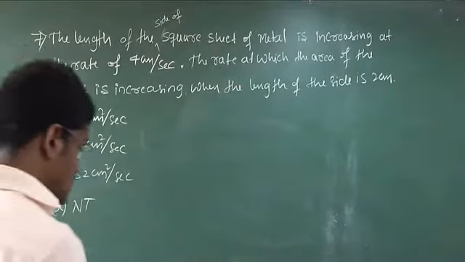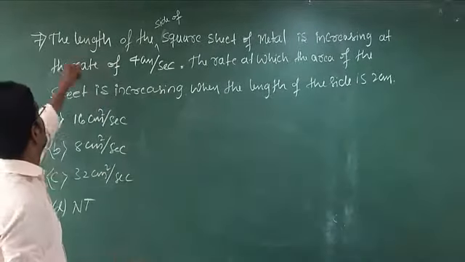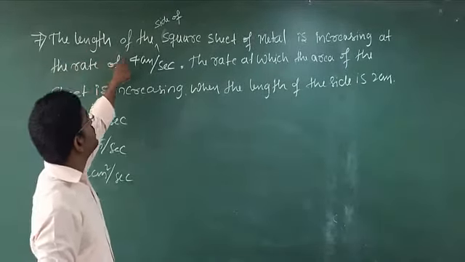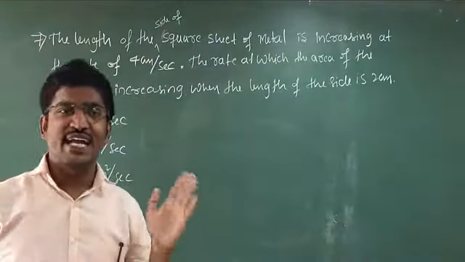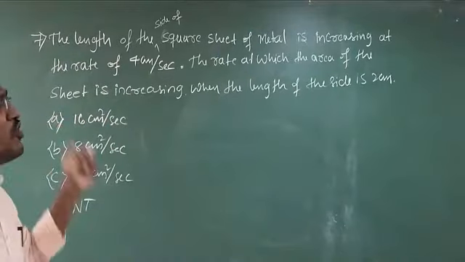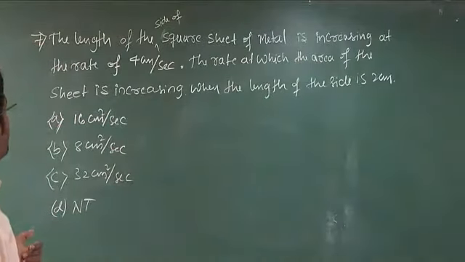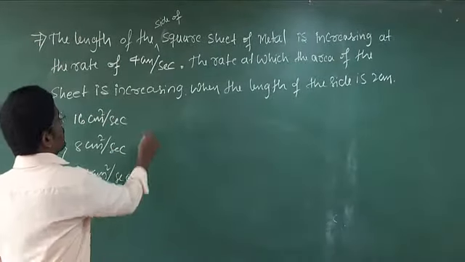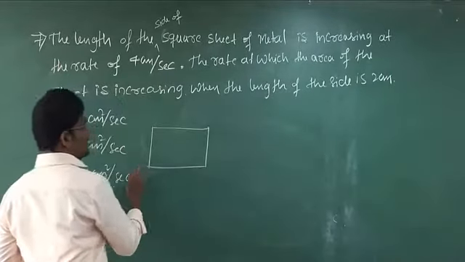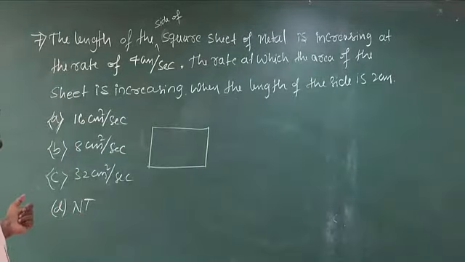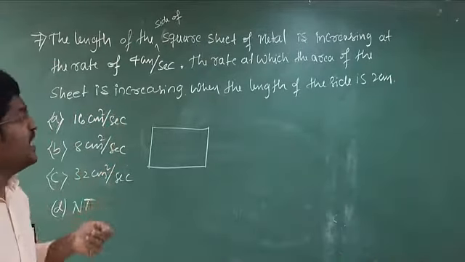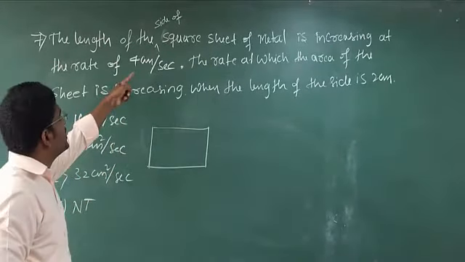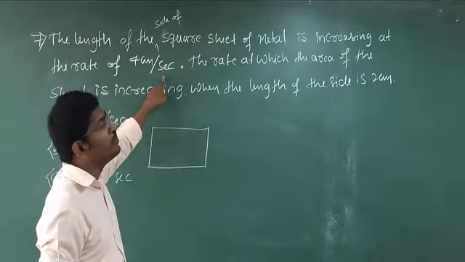Okay students, see the seventh problem. The length of the side of square sheet of metal is increasing. This is the square sheet of metal. The length of the side of square sheet of metal is increasing at the rate of 4 centimeter per second.